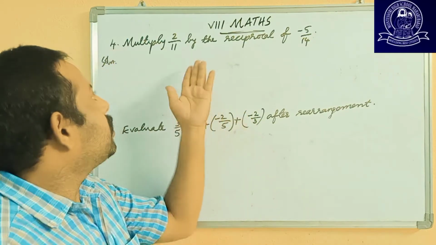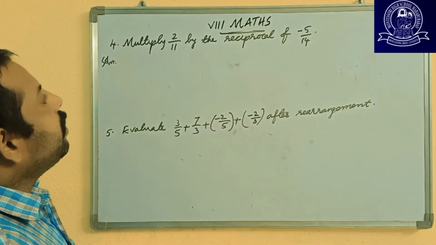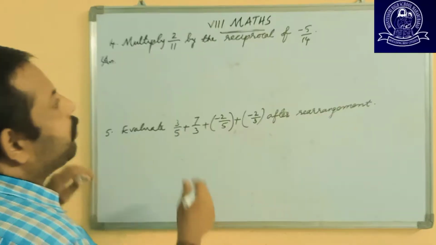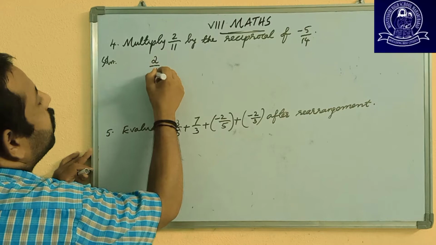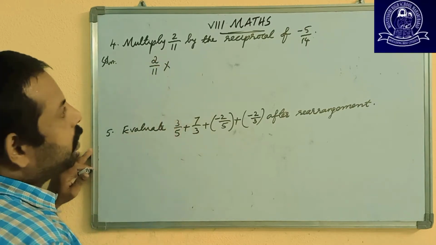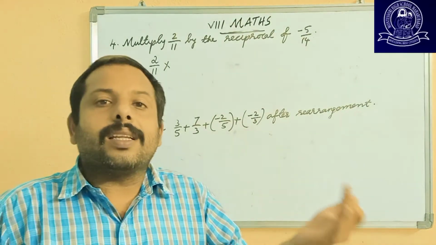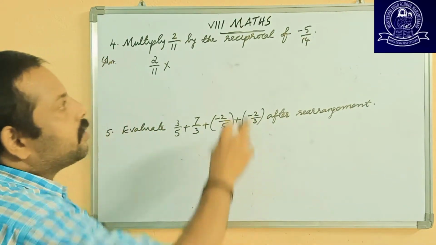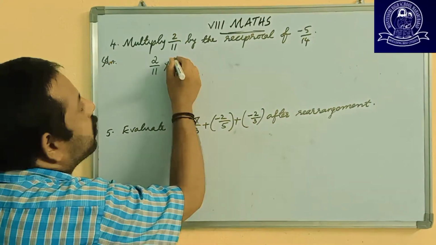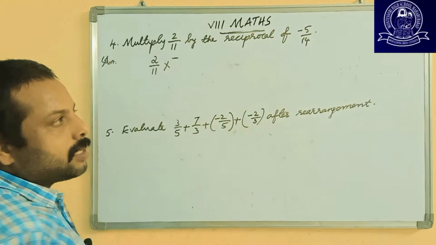Now let us check the fourth answer. Multiply 2 by 11 by the reciprocal of minus 5 by 14. That means 2 by 11 multiplied by the reciprocal of minus 5 by 14. What is the reciprocal of minus 5 by 14? When you write the reciprocal or multiplicative inverse, the symbol will be given as it is.